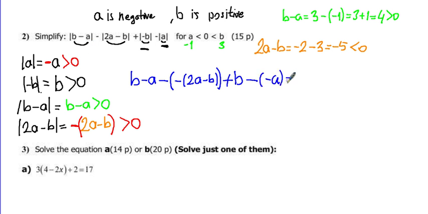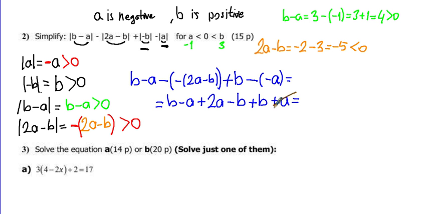Now I use only brackets, as you see. Now I will perform this. b minus a, minus minus is plus, so plus 2a, minus minus minus is minus b. Plus b, minus times minus is plus a. Okay. So guys, do you see simplifications?